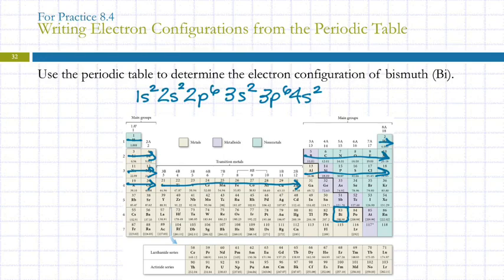That's down a floor. 3d10. If you don't remember the 10, count the boxes. This is back to 4. 4p6. And that's 5s2.